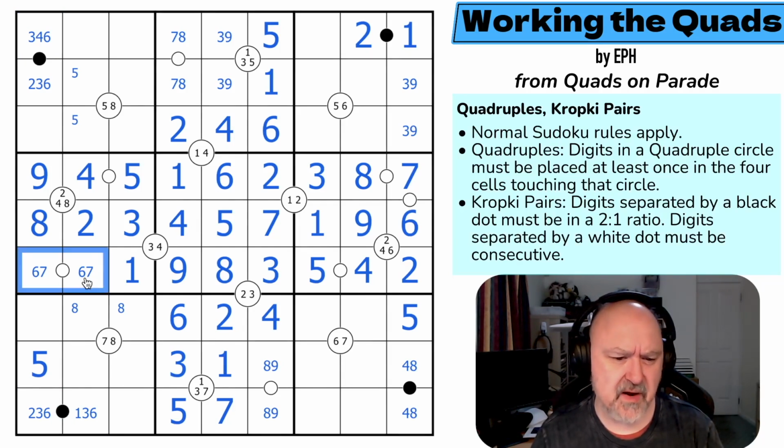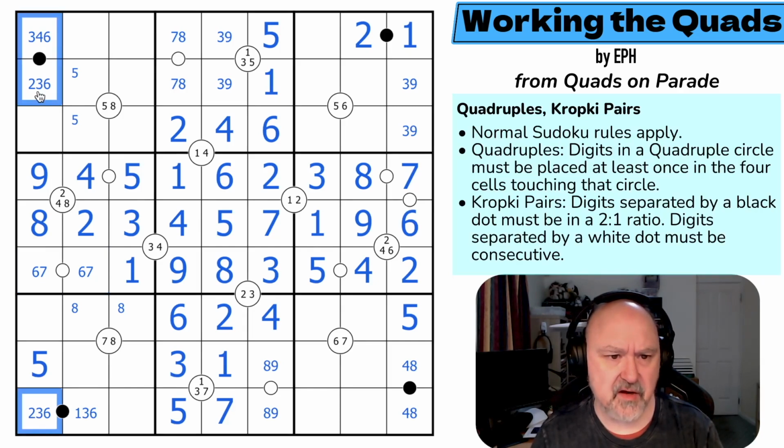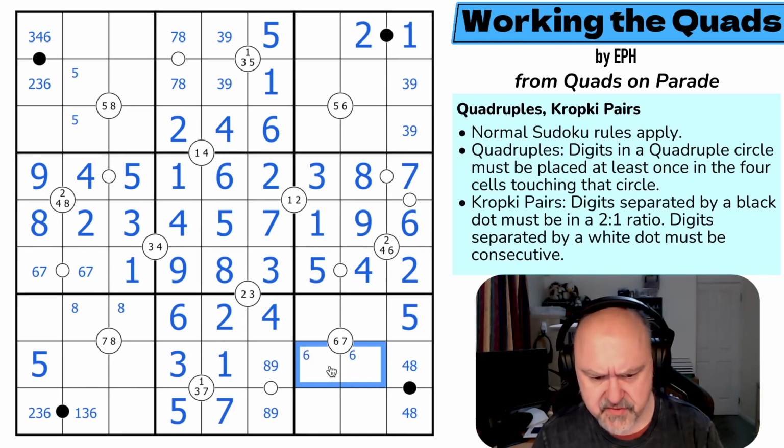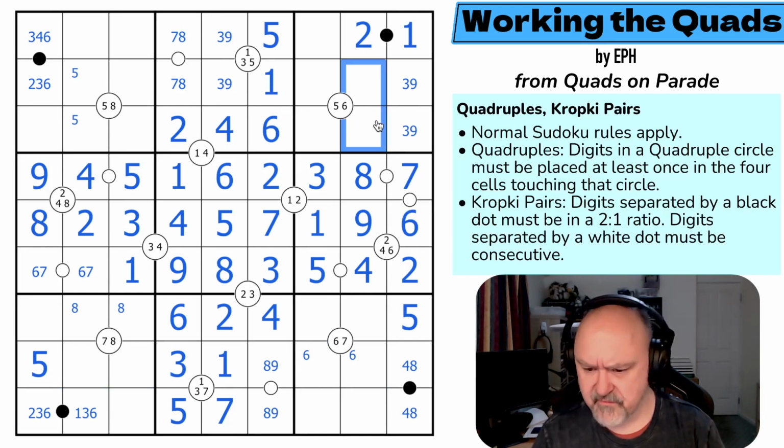I was wondering if it interacted with that, but I think that could be 3, that could be 2, 4, and that could still be 6. 6 is in one of those two, so 6 is down here. Five is in one of those two, but again, I'm not sure that's doing much.